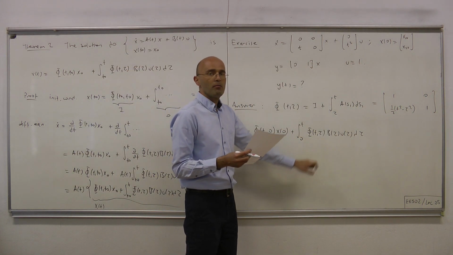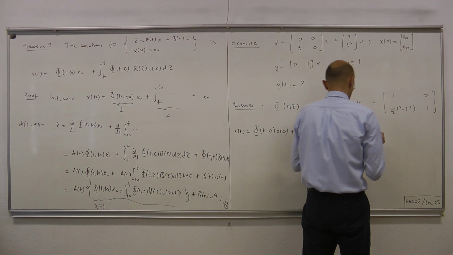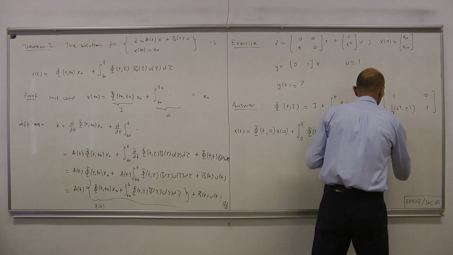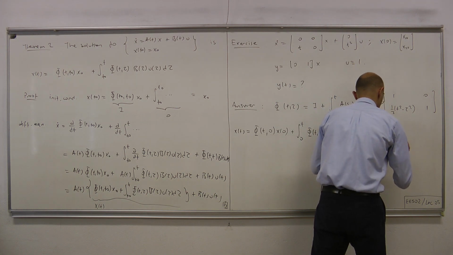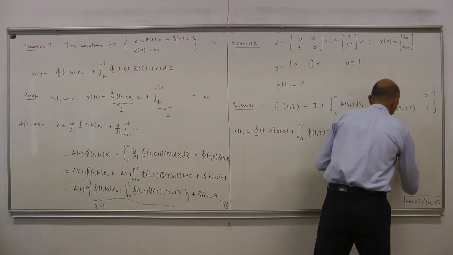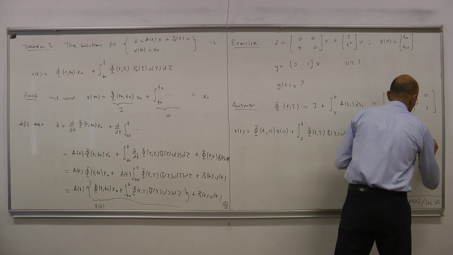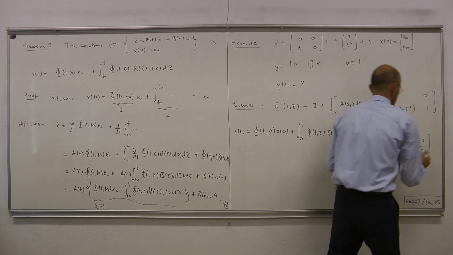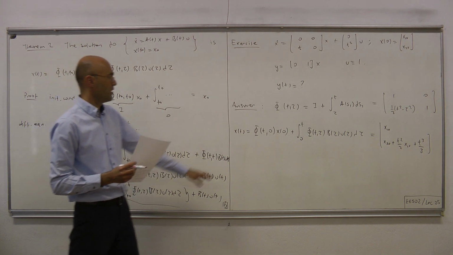It's not difficult to compute. You check all that out, and the result is x10 and x20 plus t squared over 2 x10 plus 1/3 t cubed. So that's x of t.